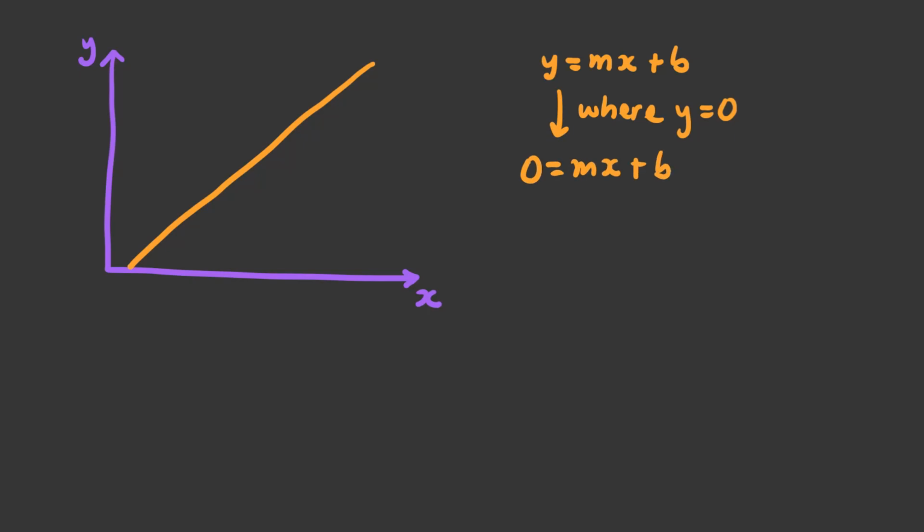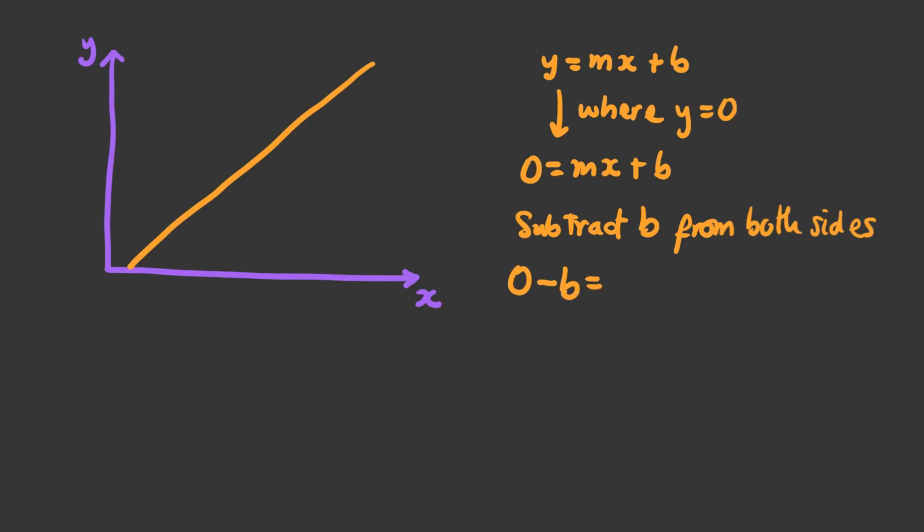Our first step is to subtract b from both sides. We have 0 minus b equals mx plus b minus b. By cancelling out the b's on the right side, we have minus b equals m multiplied by x.